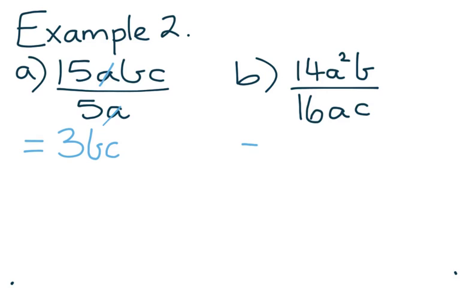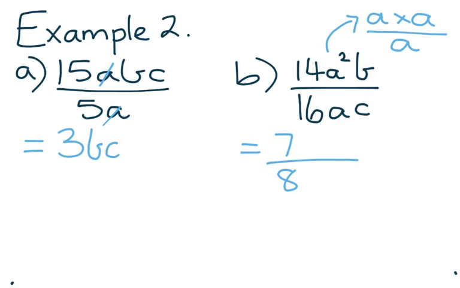With the second part, when we look at the numbers, because it's a fraction, we don't always have to do division. It's not always going to give us a whole number. We have to look to see if we can simplify. So 14 over 16 is the same as saying 7 over 8 because 2 goes into both of them. Now we've got a squared. So if we just remember back to what a squared actually means, it's a times a over a.